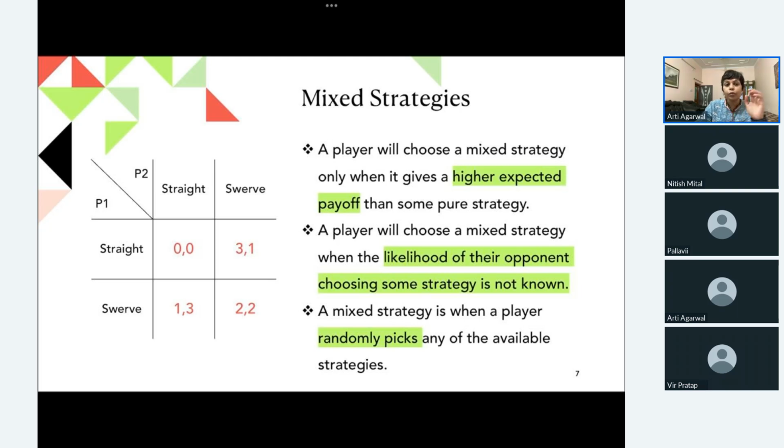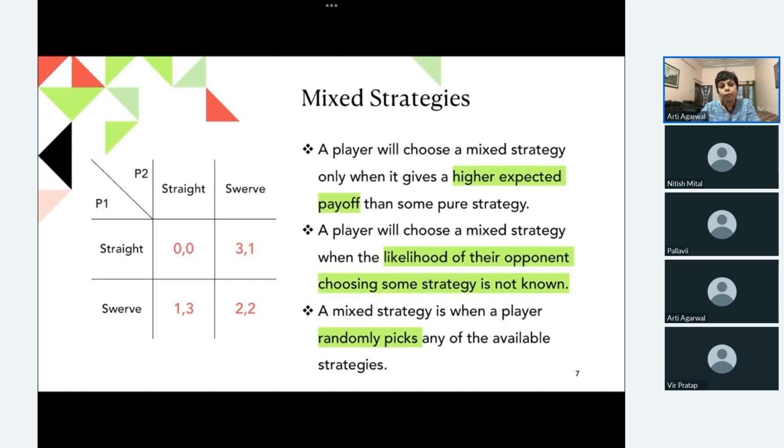But in situations where there is no dominant strategy, like in this particular chicken game, right? As you saw, it's an anti-coordination game. So whatever the other person is doing, I'm going to do the opposite of that. So there is no dominant strategy. And in such a game, you will choose a mixed strategy, which is a combination of the two strategies available to you.